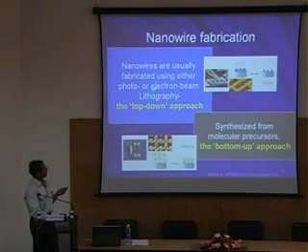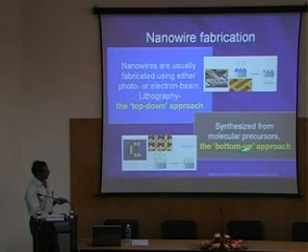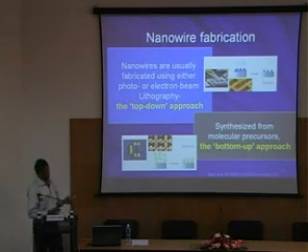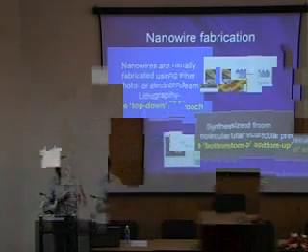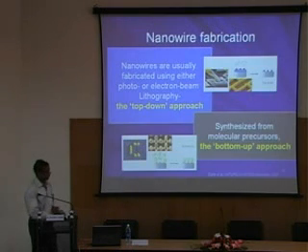But then you will have to use optical or electron beam lithography to make these nanowires. We don't want to use this because it is very, very expensive. The other way is to use the bottom-up approach. In this bottom-up approach, you use simple chemical methods to synthesize these silicon nanowires.